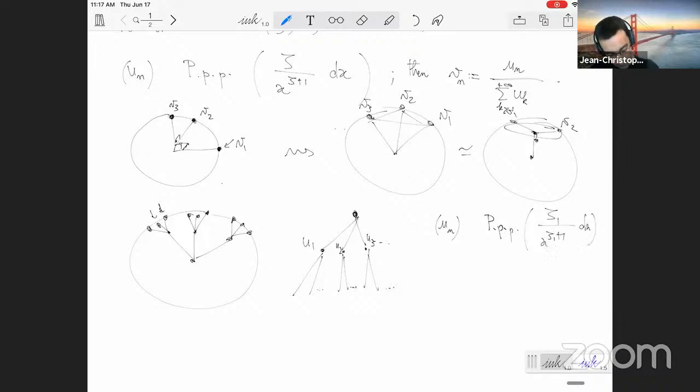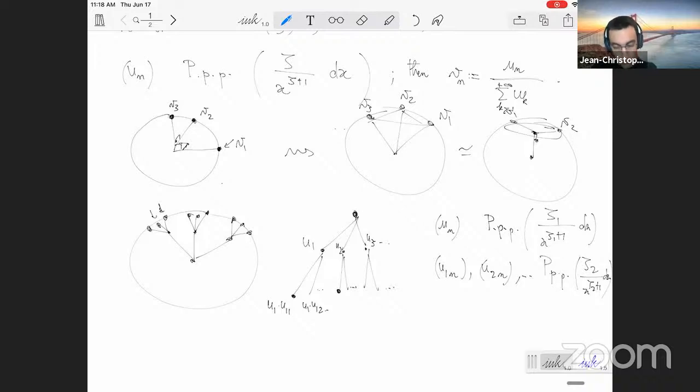Then the weight will be, I'm going to multiply U1 by U11, U12, etc. So U1n, and then U2n, etc., will be independent Poisson point processes with a possibly different intensity, and they are also independent of the first layer.